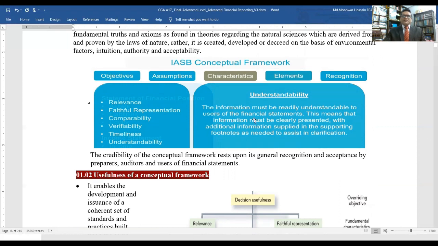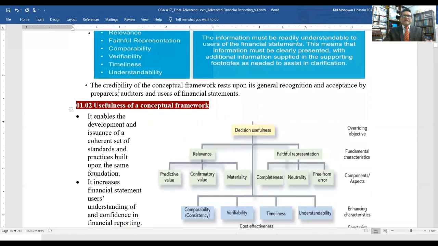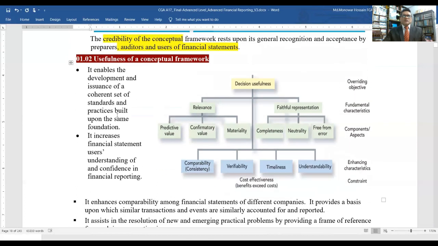Understandability means the information must be readily understandable to the users of the financial statements. The credibility of the conceptual framework rests upon its general recognition and acceptance by the preparers, auditors, and users of the financial statements.